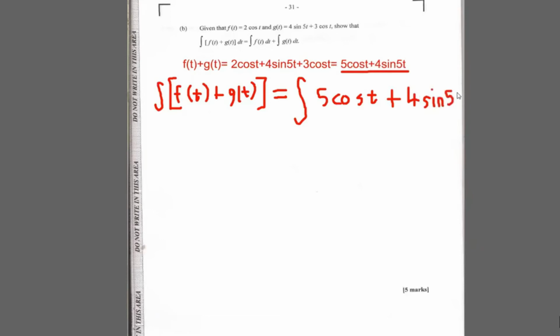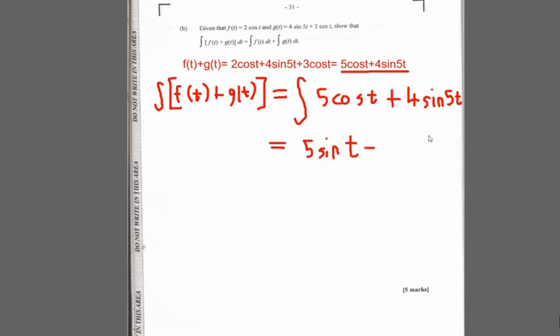Nice and easy. So if this is what you're integrating, what we get is the integral of 5 cos t. When I integrate cos, I'm going to get sine. So I'm going to get 5 sine t right here, plus, when I integrate sine, I get minus cos. So I don't need to put plus, I just change it to minus.